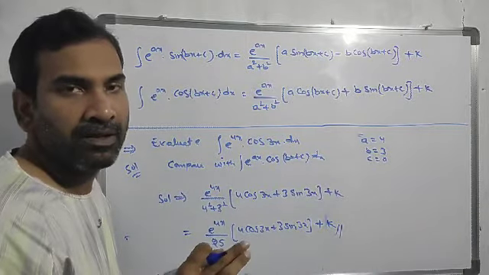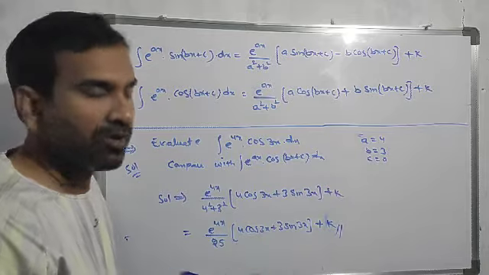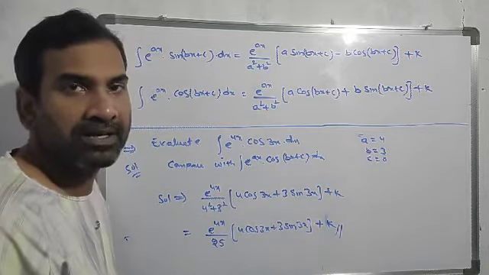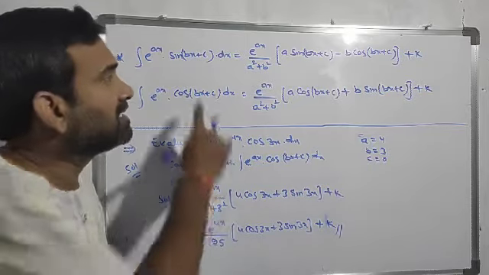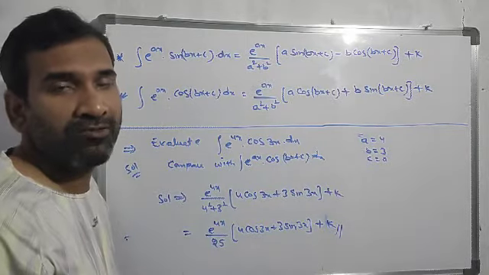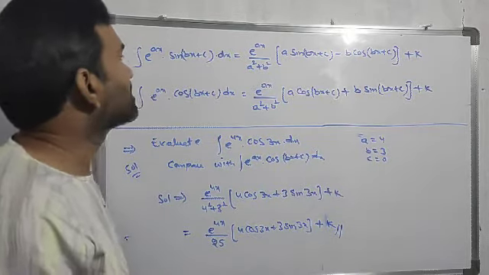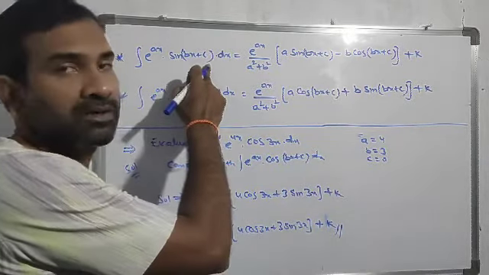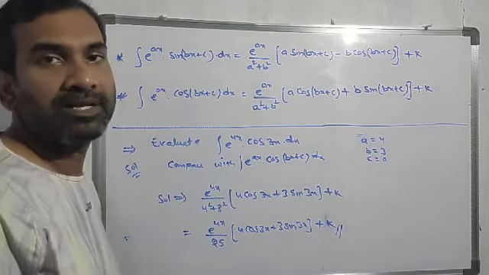In long answer type questions, you just do the process and solve. Like that you can solve the problems, and these two are the most important formulas. Already we discussed the solution process of this. You can try this also. Thank you.